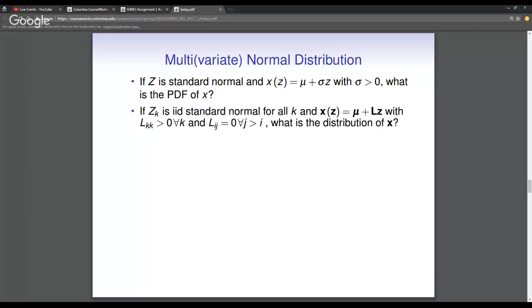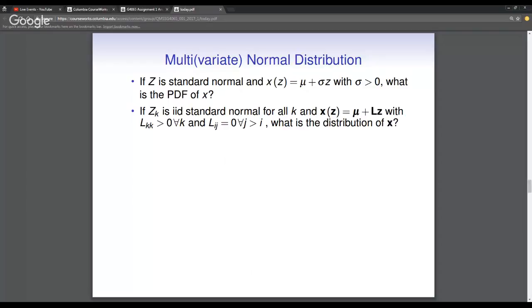So if Z sub K is standard normal, and moreover, there's multiple Z's, but they are independent of each other, and they are all standard normal, and we collect them into a vector boldface z, and x is a function of z, namely the function mu vector plus L times z, where L is a square matrix that is lower triangular and whose diagonal elements are all positive.